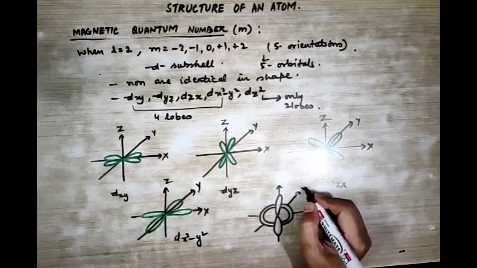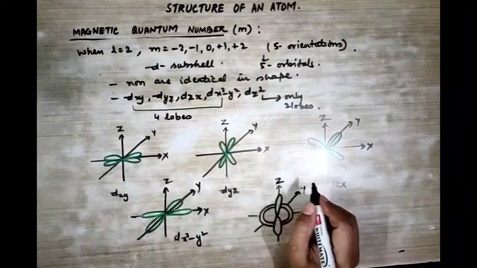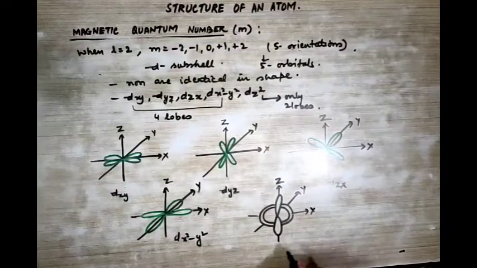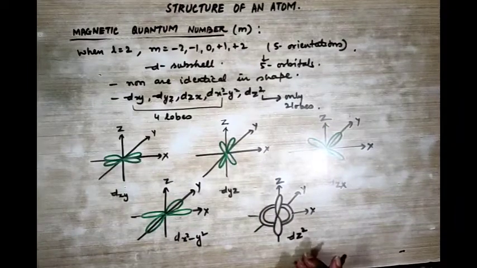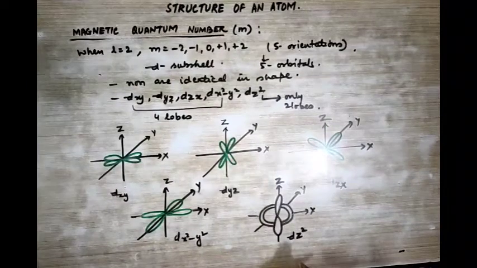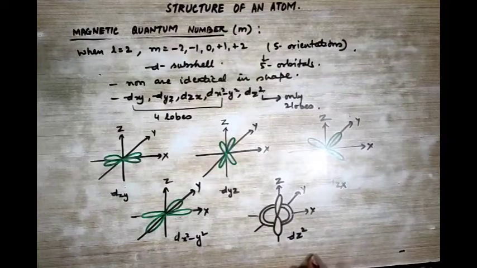This is your x, this is your y, and this is your z axis. And which one is this? This is dz square.